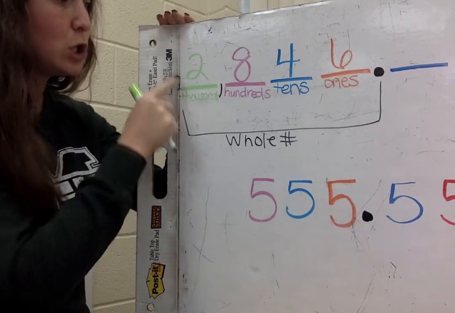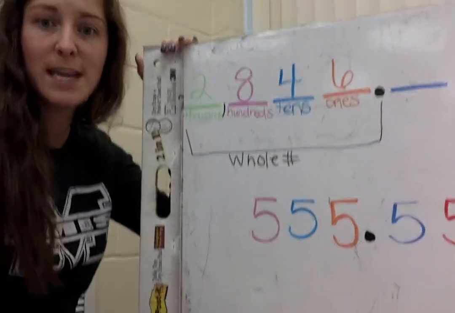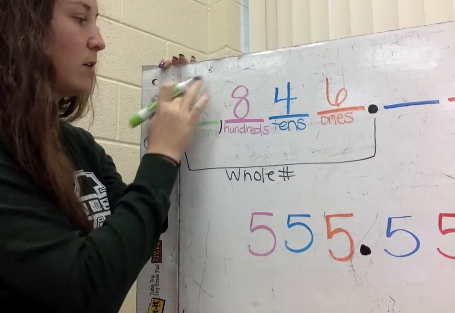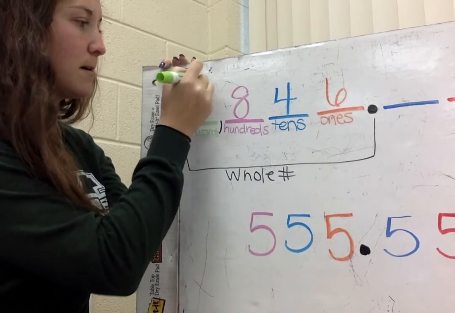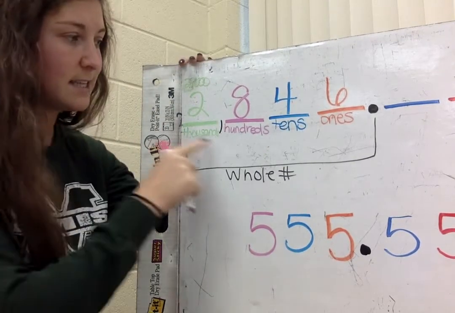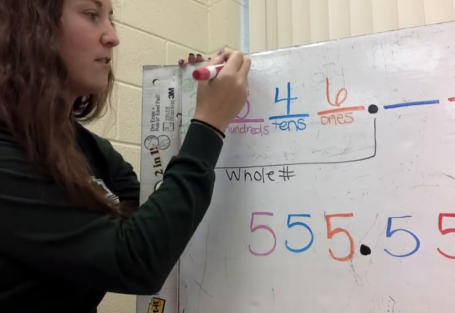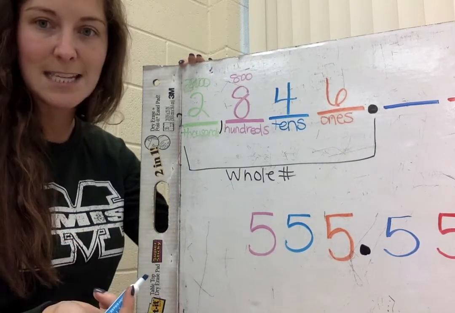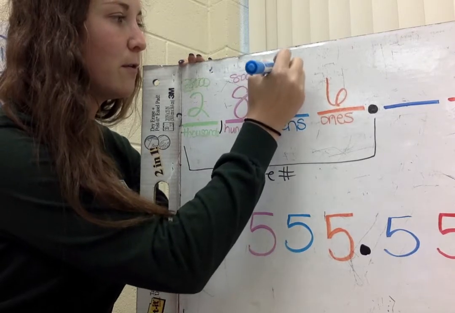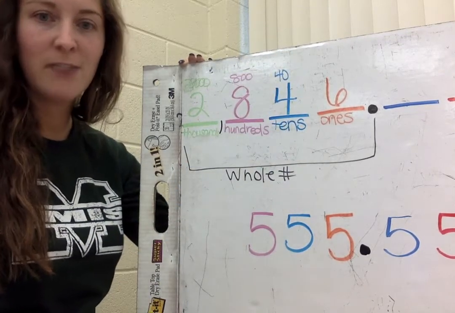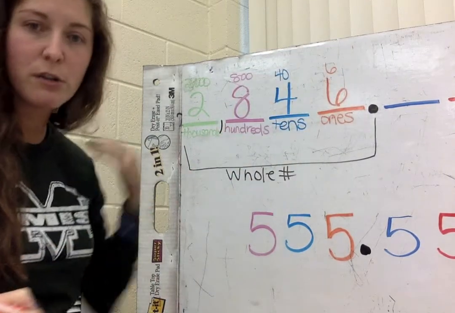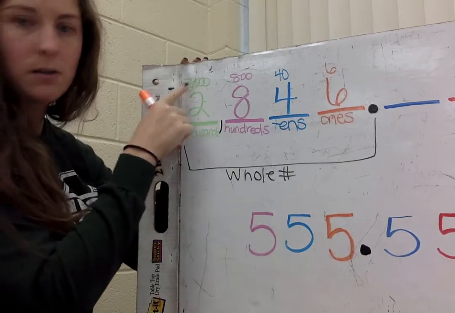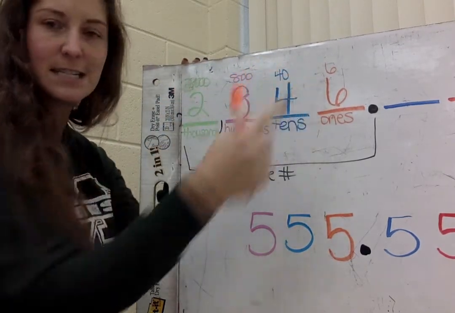The 2 in the thousands place has a value of 2,000, and I'm going to write that value up above the number. The 8 in the hundreds place has a value of 800. The 4 in the tens place has a value of 40. And the 6 in the ones place is just worth 6. If we're talking about money, this would be like $2,000, $800, $40, and $6.